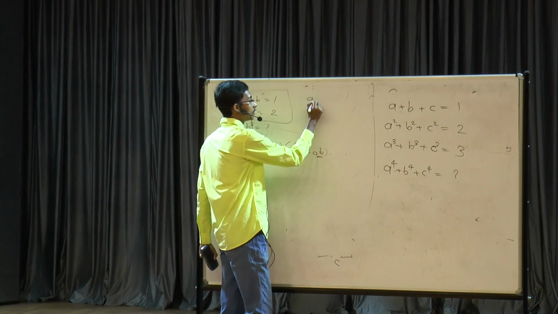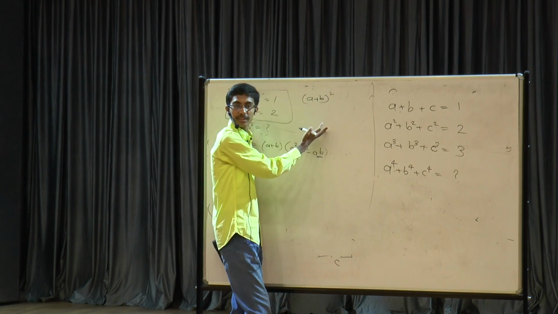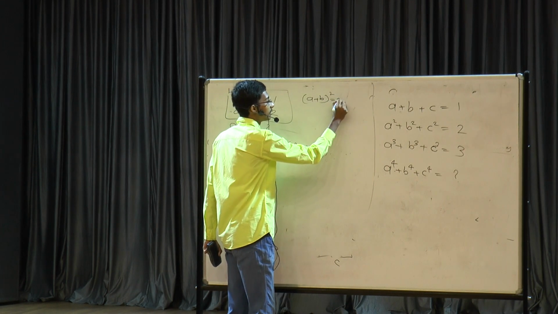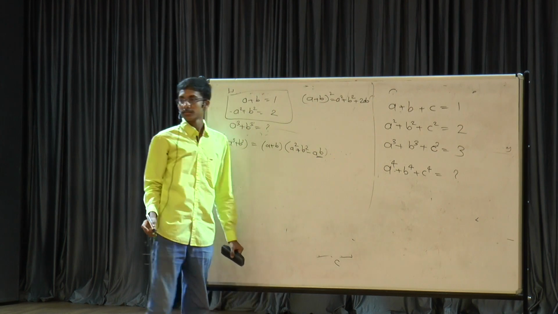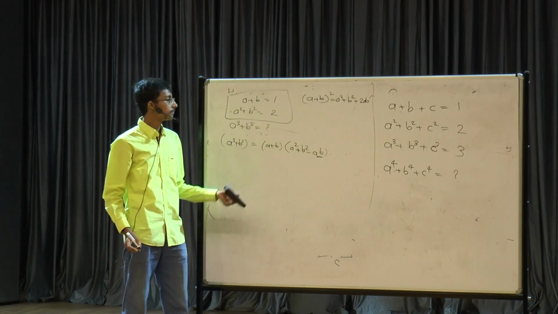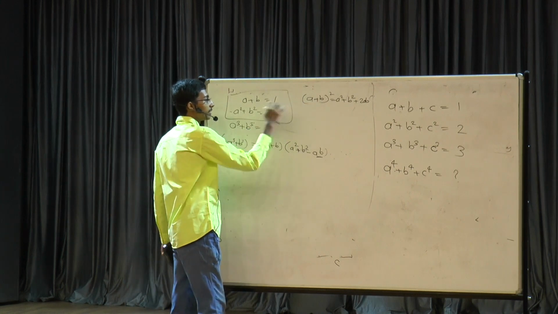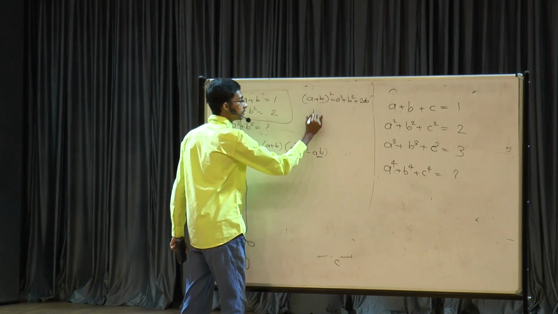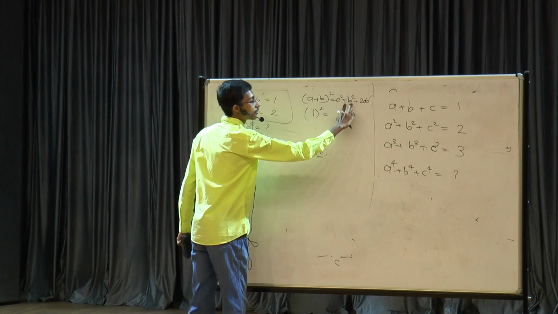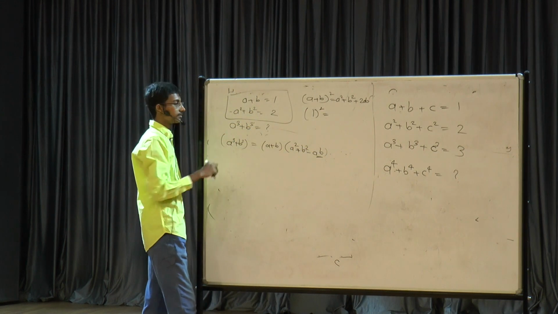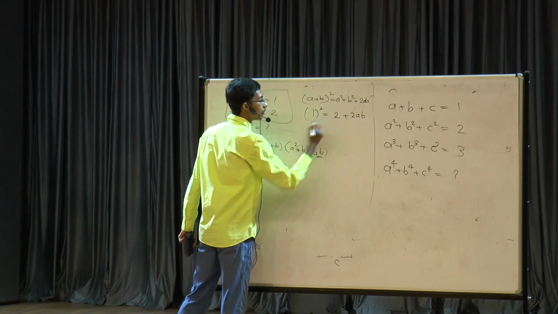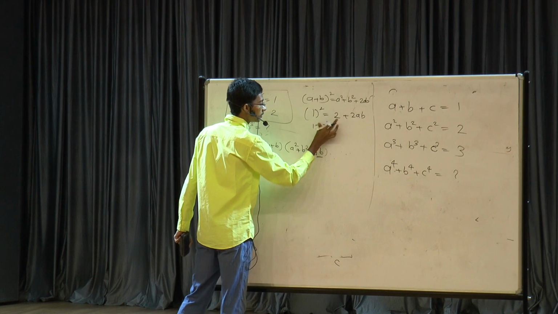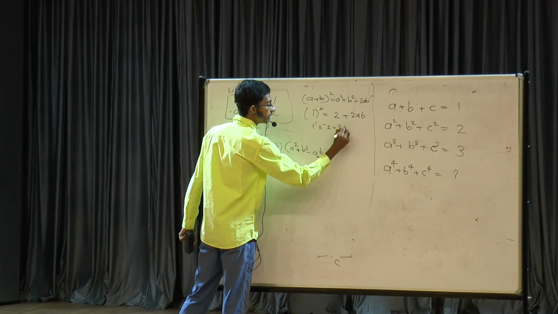Right. So this everyone knows, A plus B whole squared is A squared plus B squared plus 2AB. What is A plus B? 1. A squared plus B squared? 2. So now I know 1 plus 1 is 2 plus 2AB.